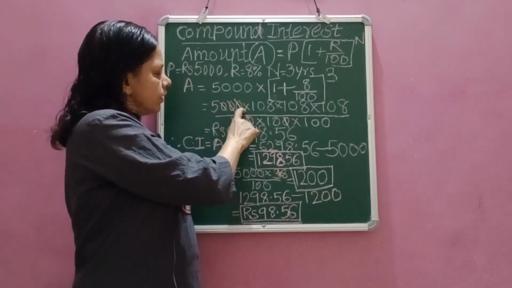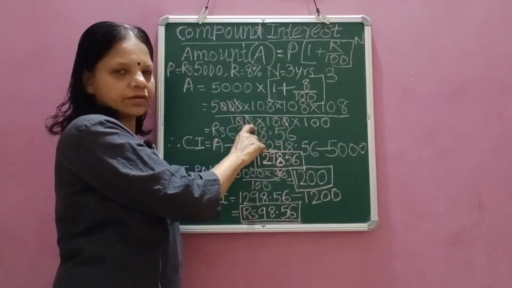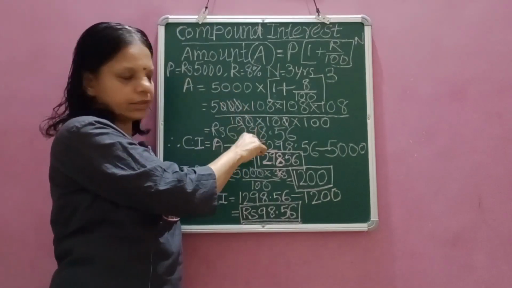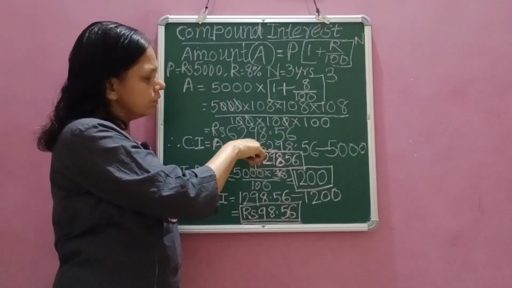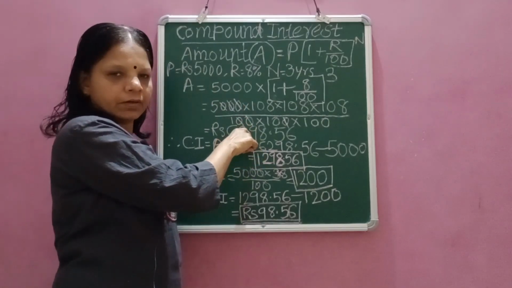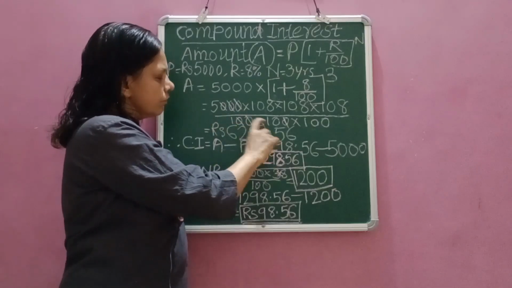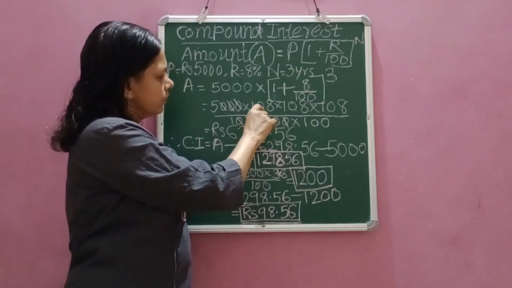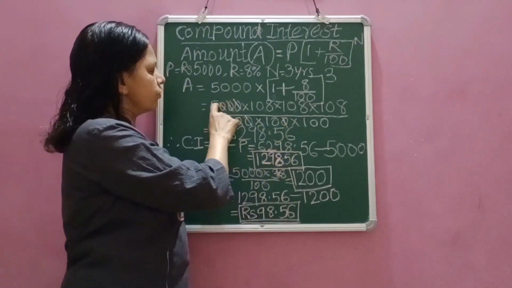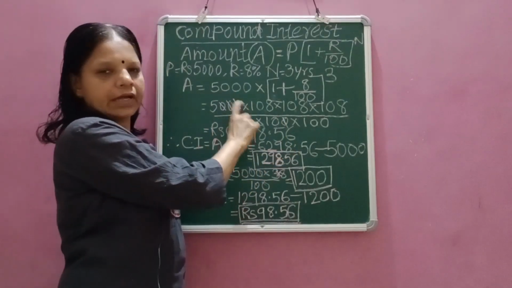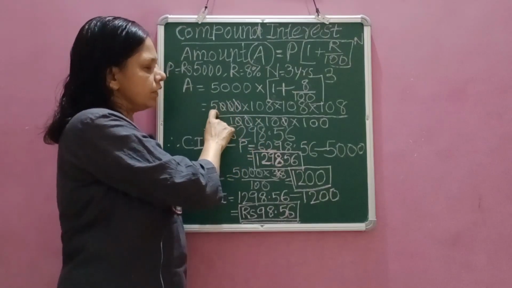So cancelling 10 means we divided by 10. Again cancelling 0, 0 means we divided by 10 again. So this 100 is cancelled. Now here we can also cancel 1 0. So all the 3 zeros are cancelled, and only 5 is remaining here.